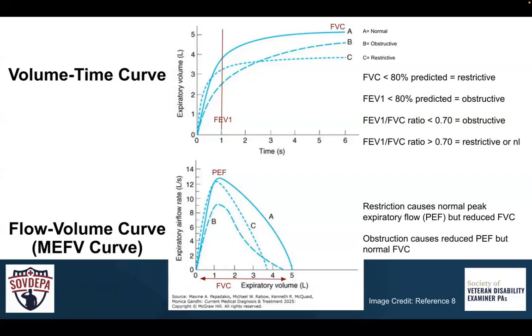And after reaching the peak expiratory flow, the rate of airflow declines also more rapidly than in healthy lungs. And that also leads to this kind of scooped out appearance on the tail end.